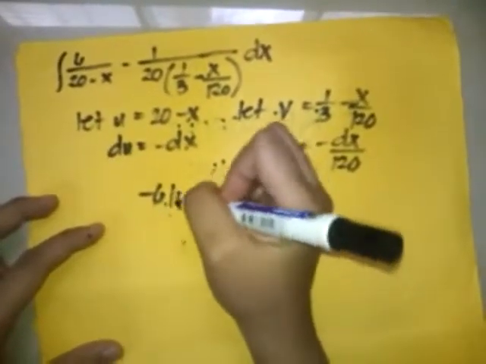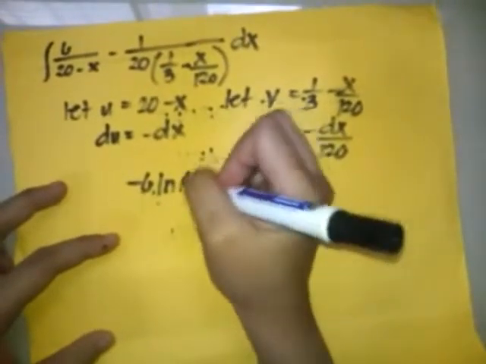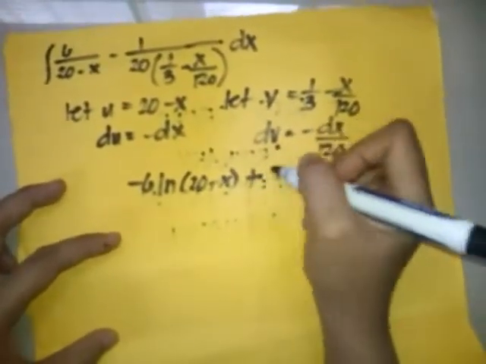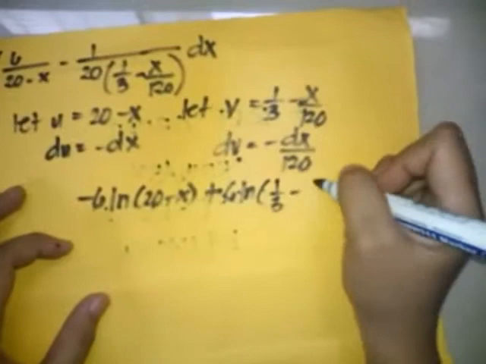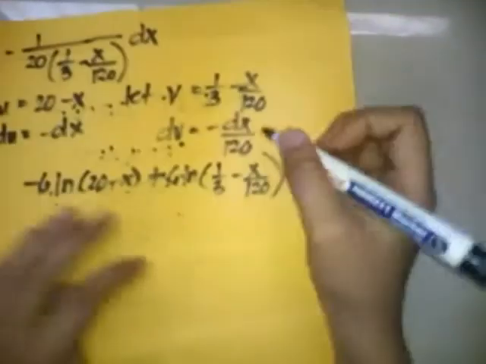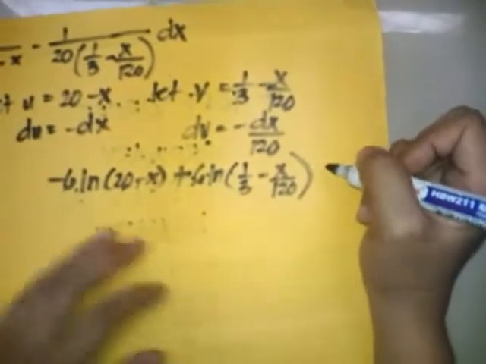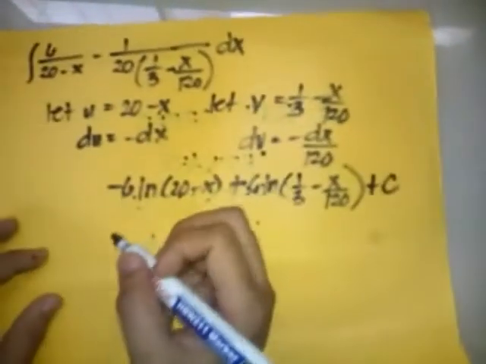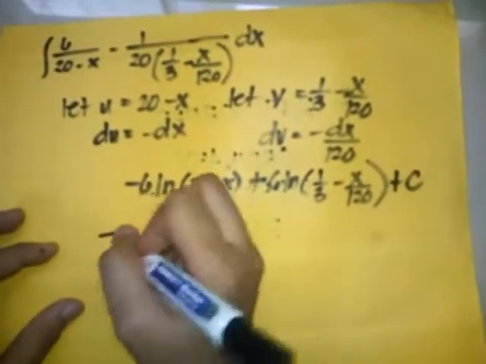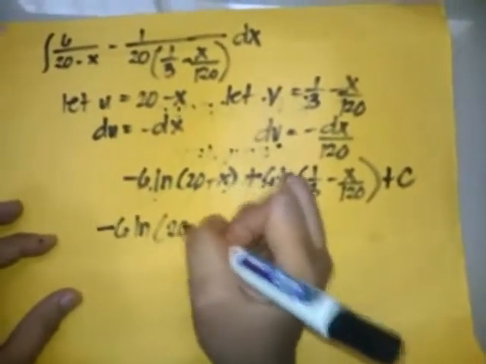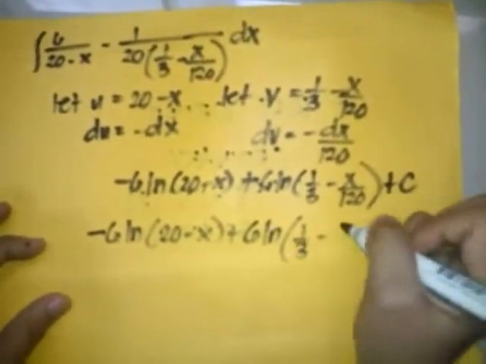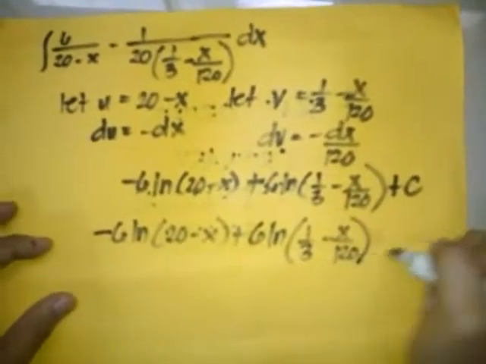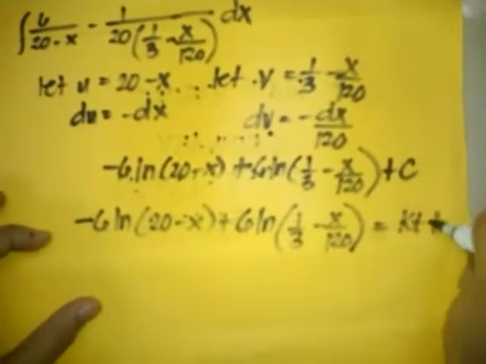By integration, we get negative 6 ln of 20 minus x plus 6 ln of 1/3 minus x over 120 plus c, so negative 6 ln of 20 minus x plus 6 ln of 1/3 minus x over 120 equals kt plus c.